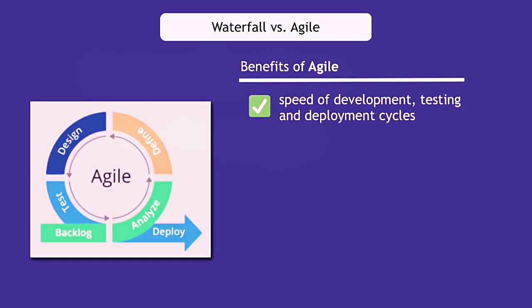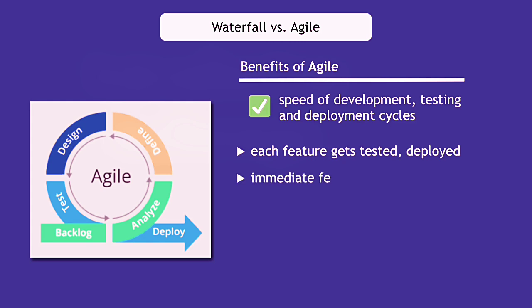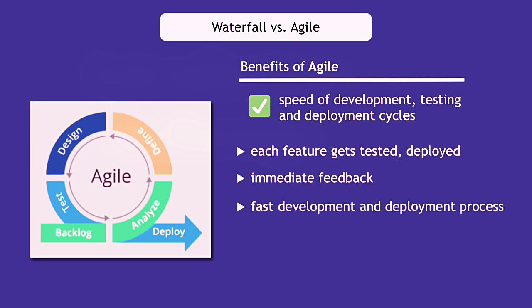So basically, instead of just waiting there to develop the whole application start to finish by checking off each feature and bug fix and so on, each new feature gets tested, deployed, and there's immediate feedback if there is some bug in that feature or if the deployment doesn't work, etc.